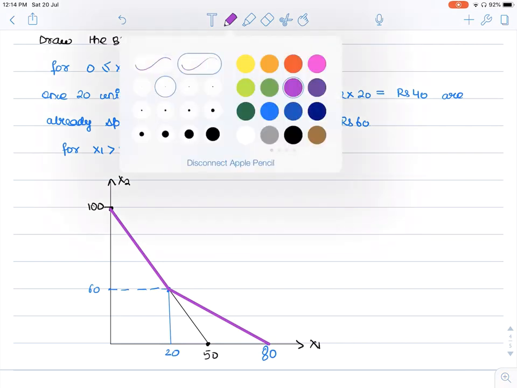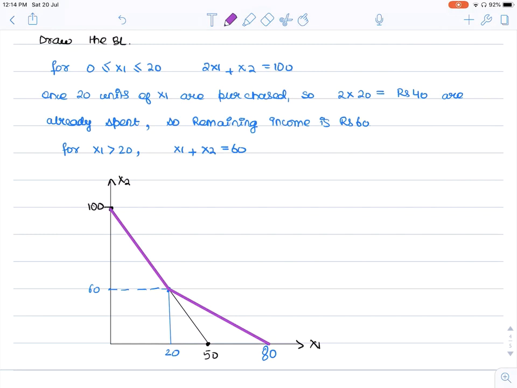So this is the exact shape of the budget line. The upper portion of this kinked budget line has a slope of 2, that is P1 by P2, assuming that you know budget lines are downward sloping, and the lower portion has a slope of 1. P1 by P2 equals 1.